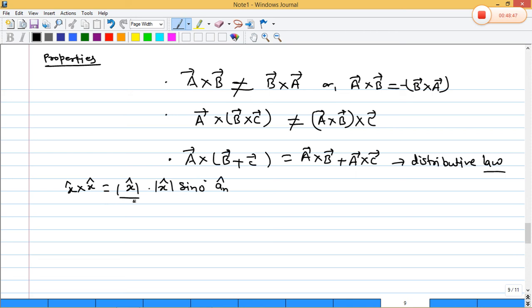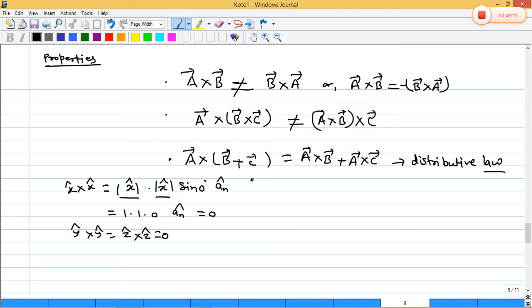It gives 1 times 1 times 0, which means it will be 0. The direction is along the normal to this plane, it's okay. Similarly, y cross y will be 0 and z cross z will be 0.